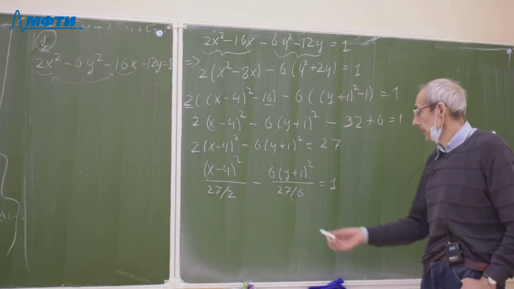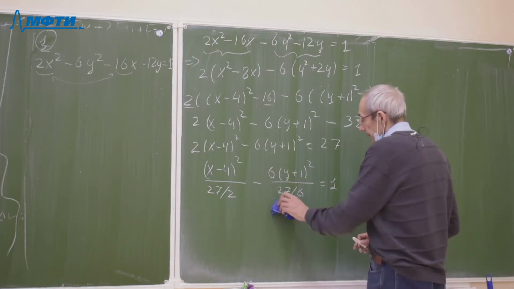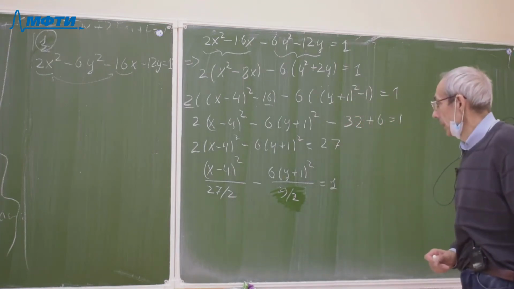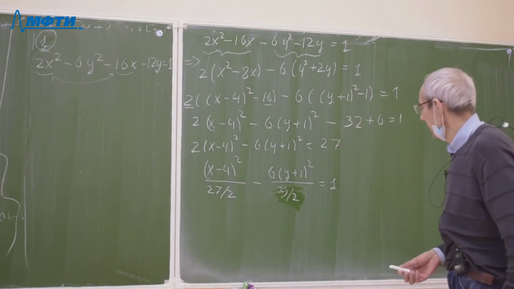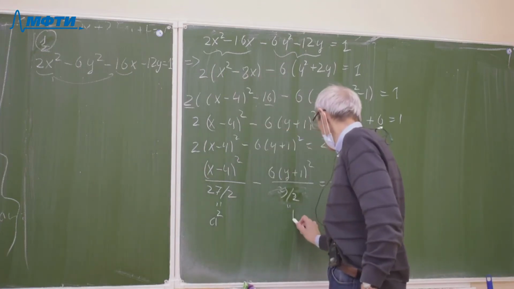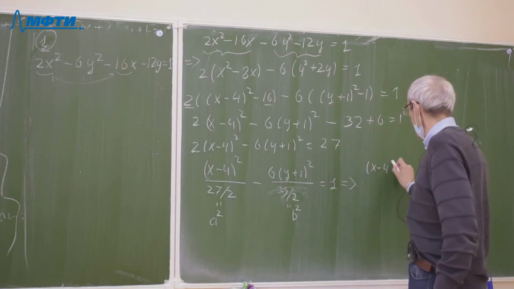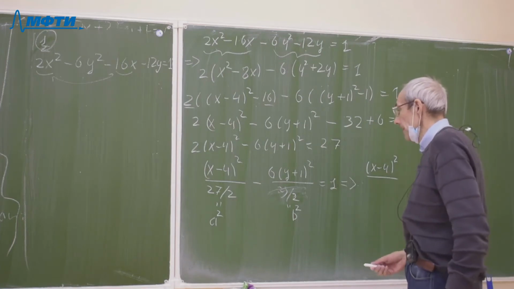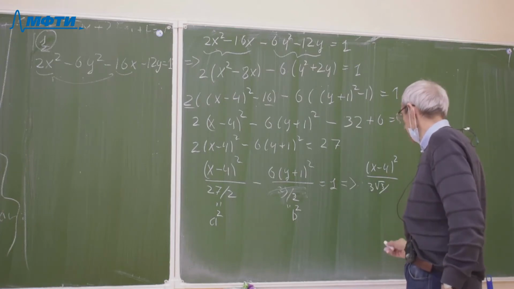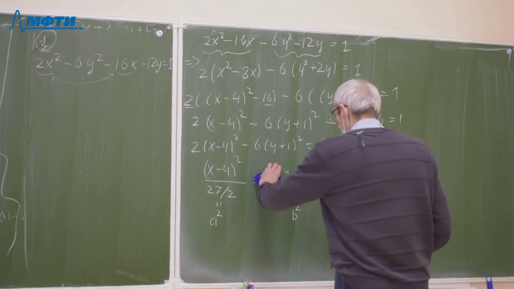Easy to see, this expression can be simplified, and after simplification we obtain this term is equal a square and this term b square.